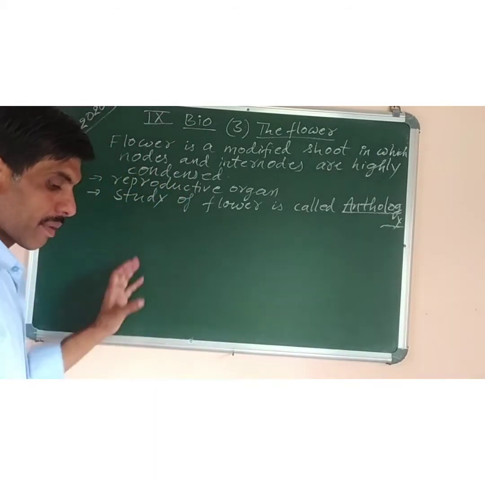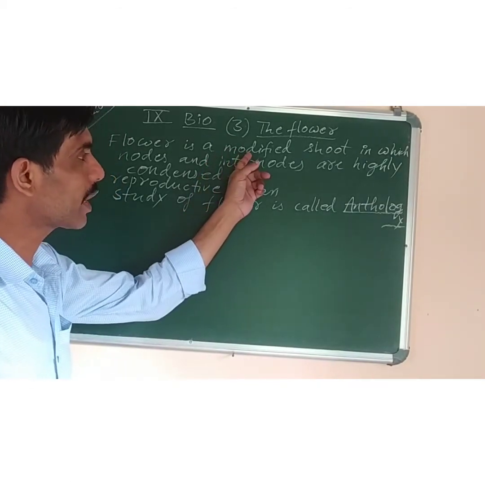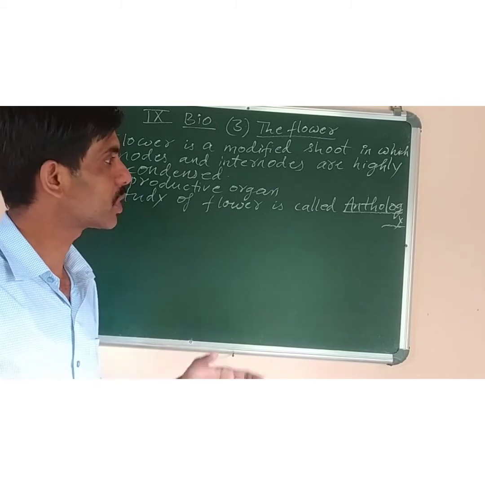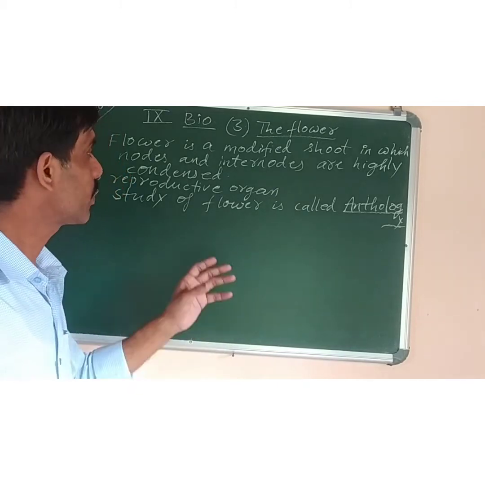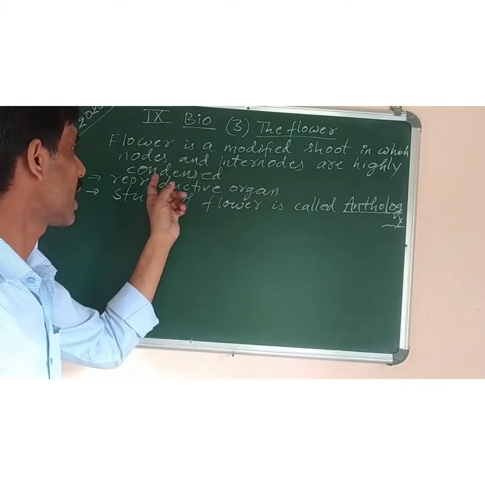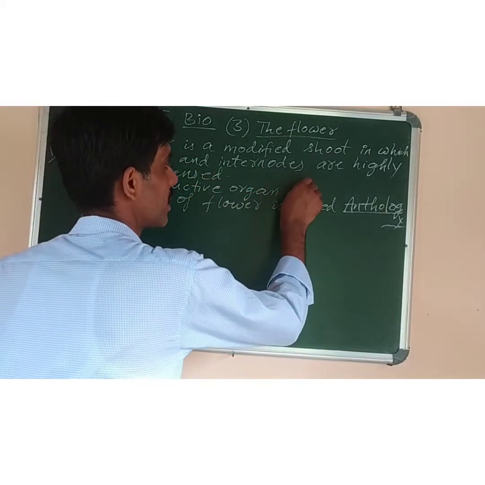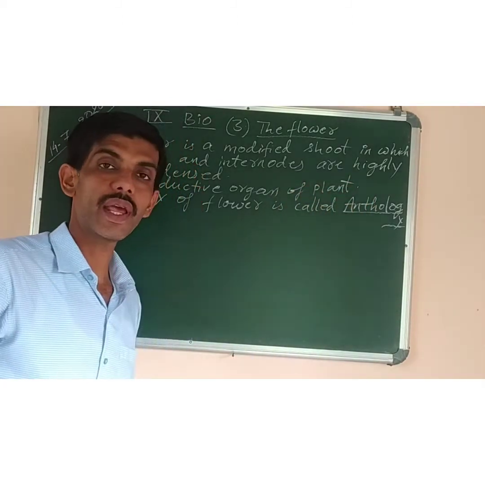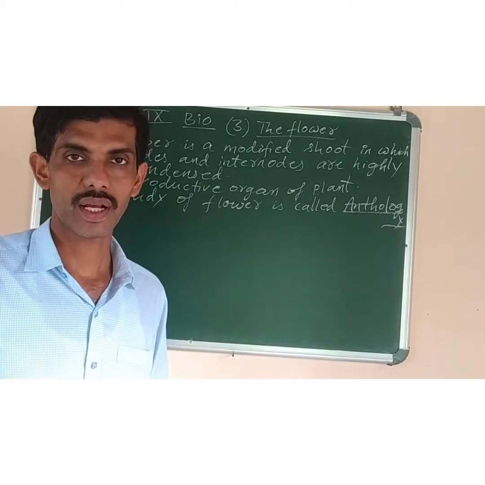Now flower is a modified shoot, modified means changed, like a plant has the root system and shoot system, so it is a part of the shoot system only, in which the nodes and internodes are highly condensed, and it is the reproductive organ of the plant, because it contains both the male and the female organs, that is the stamens and the carpels.